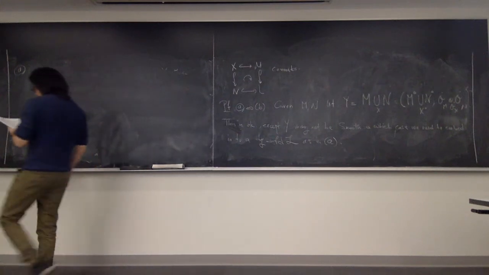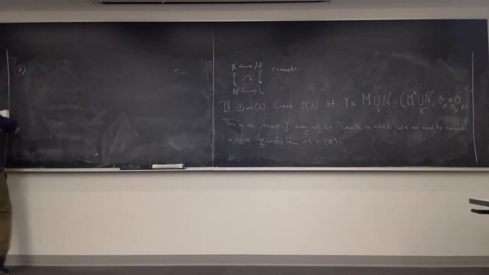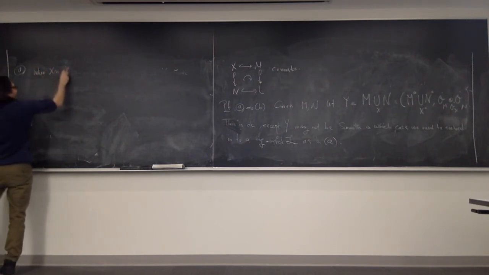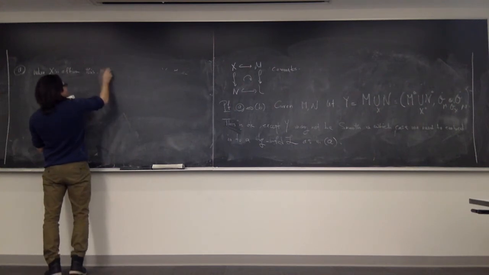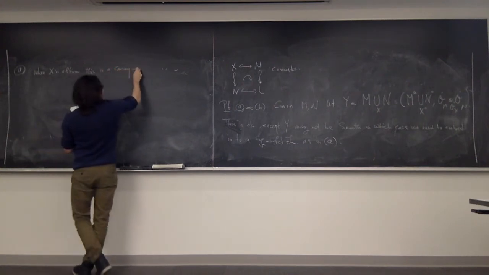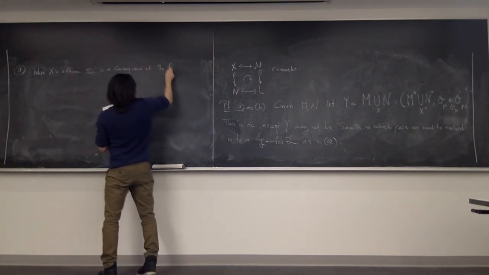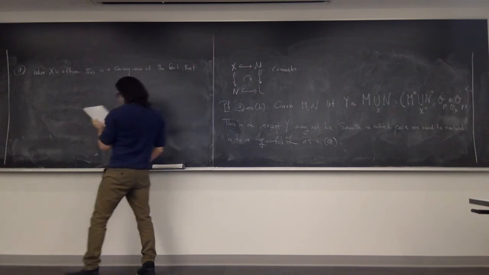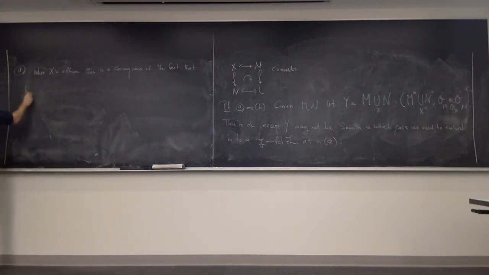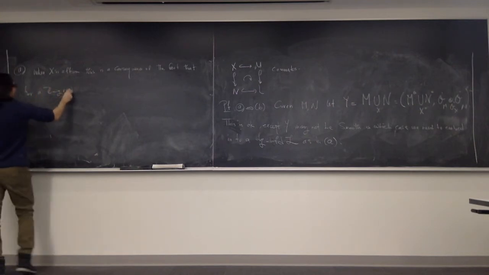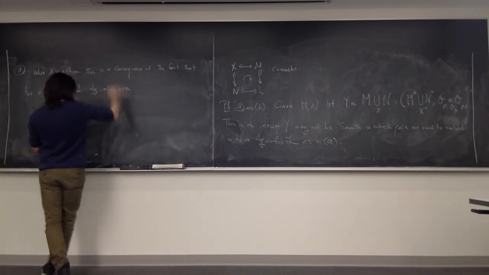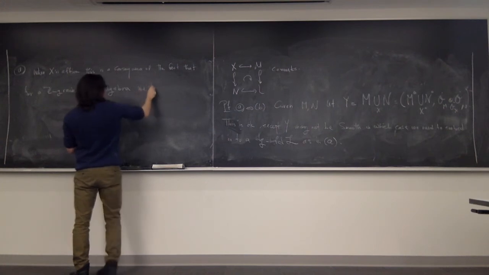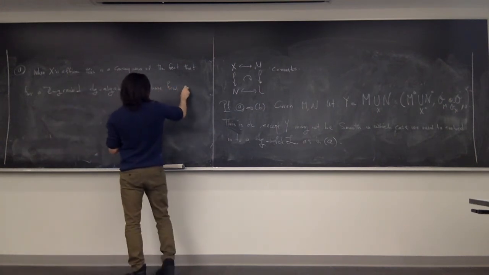Now, how do we do that? Let's see. When X is affine, this is a consequence of the fact that for a graded DG algebra we have a free resolution.